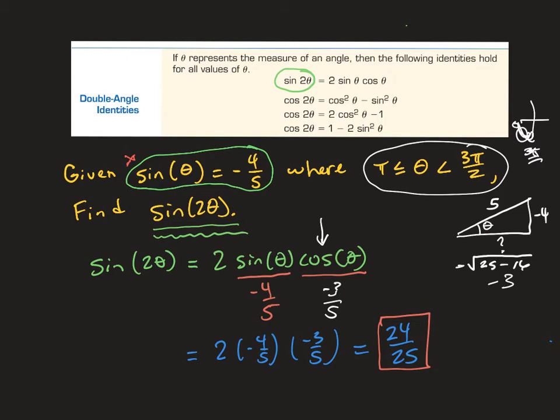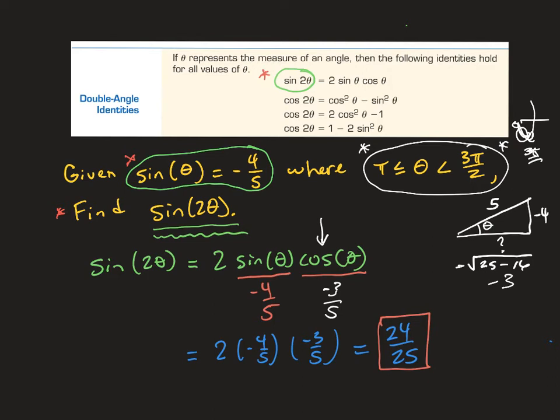Again, let me remind you what we did. I went right to the find statement to decide which formula to use. That's how we knew to use the sine double angle formula. I needed to get a cosine of theta because we were only given a sine of theta. To do that, I needed to pay attention to the quadrant that we're in, in this case between pi and 3 pi over 2, and use the Pythagorean theorem to solve for the missing side so I could do adjacent over hypotenuse.